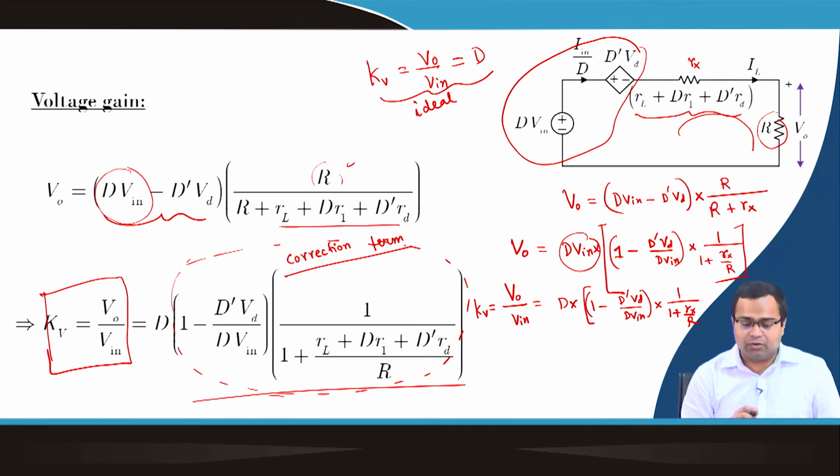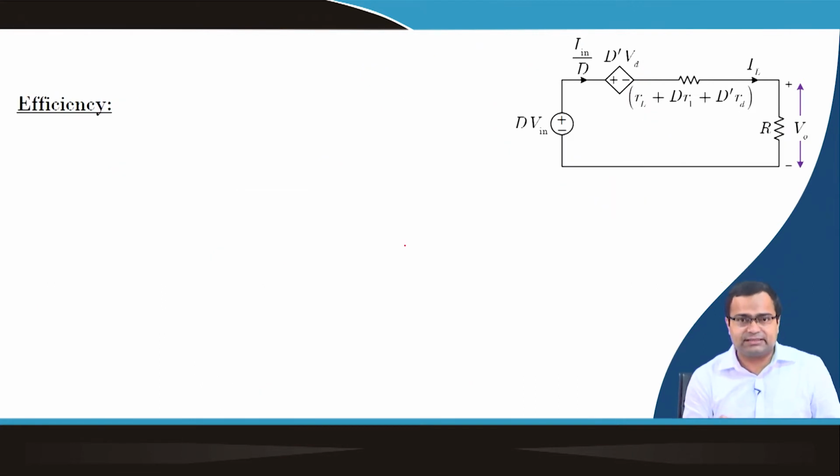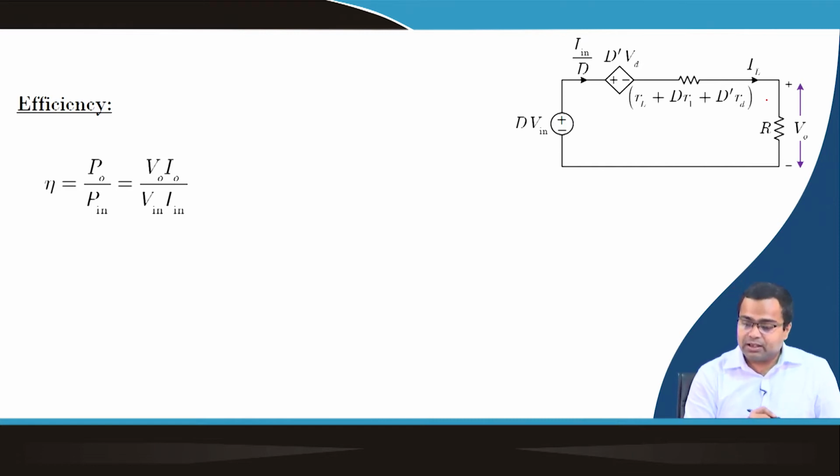Now, what will be the efficiency? So, efficiency will be output power by input power. What is the output power? Here the average input current will be I_N, so what is I_N?